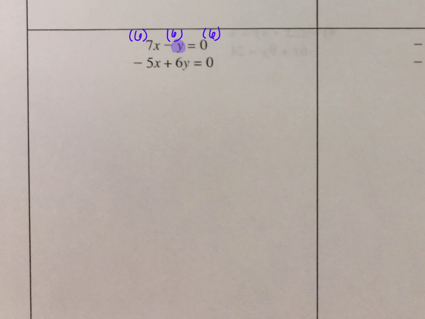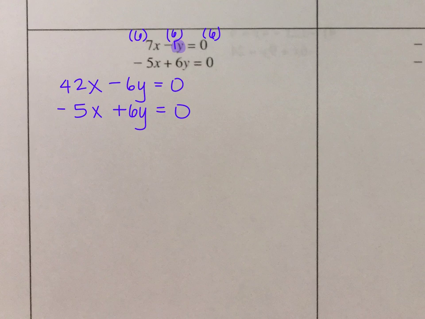7 times 6 is 42x. 6 times negative 1 is negative 6y. 6 times 0 is 0. Negative 5x, I'm just copying down the bottom one, plus 6y equals 0. Now, I'm happy because there's a negative 6 and a positive 6, so that's going to go ahead and mark off.